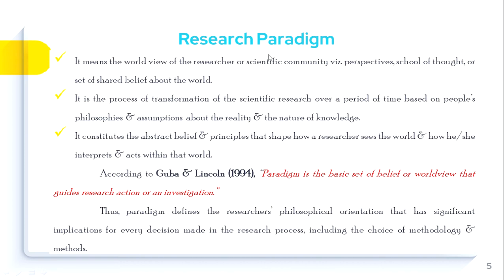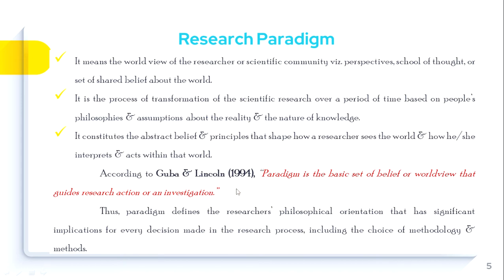So paradigm is a process of transformation of scientific research over a period of time based on people's philosophy and assumptions about reality and the nature of knowledge. So scientific research is a transformational process that keeps on changing and improving. It constitutes the abstract beliefs and principles that shape how a researcher sees the world and how he or she interprets and acts within that world.